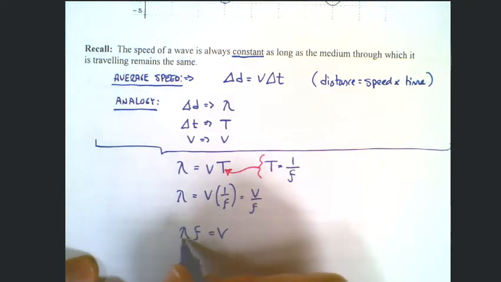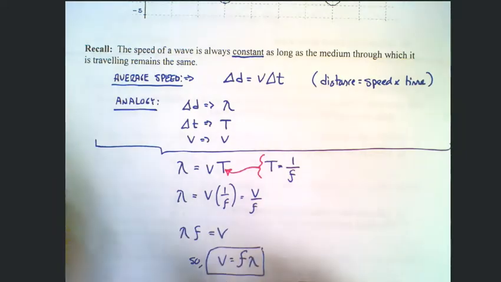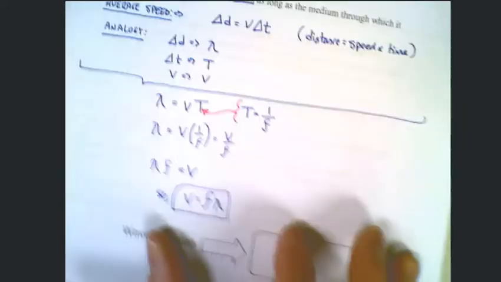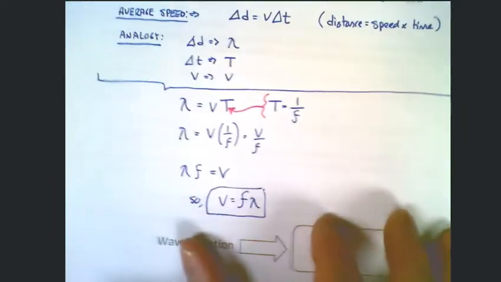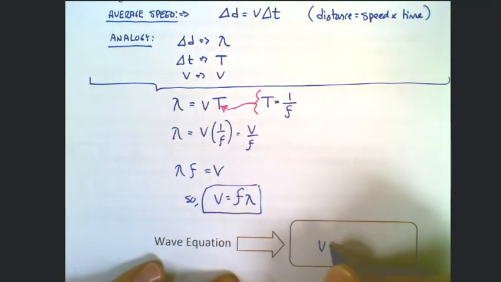So you can do lambda times f or f times lambda. We tend to write it like this: frequency times the wavelength. So the wave equation is simply written as v equals f lambda.